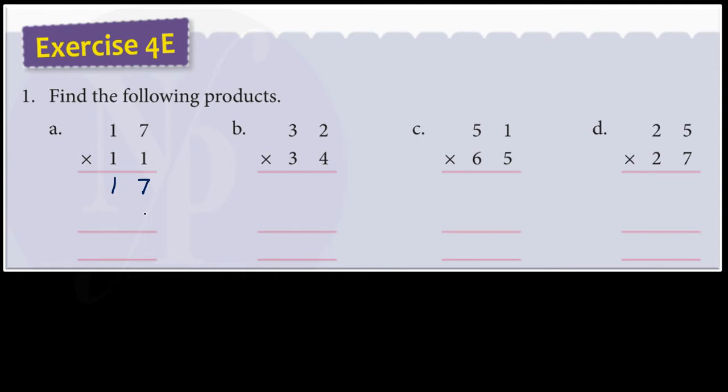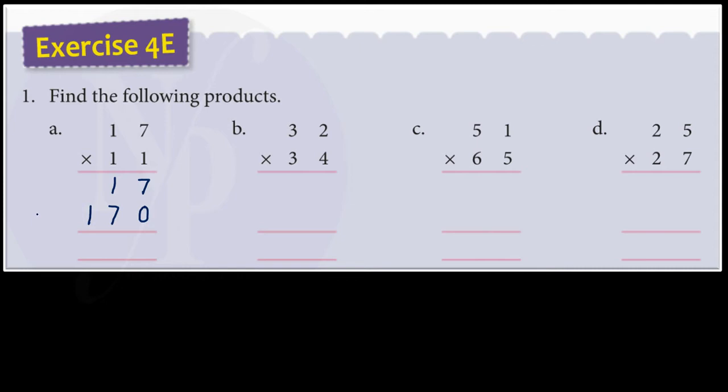So we write 0 here at ones place, and then we multiply this 17 by 1. So on multiplying 7 by 1, 1 sevens are 7, and we write 7 in tens place here. And now we multiply 1 by 1. 1 into 1 is 1. We write it in hundreds place here.